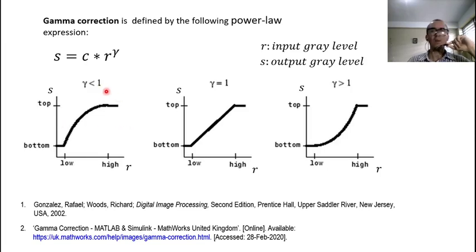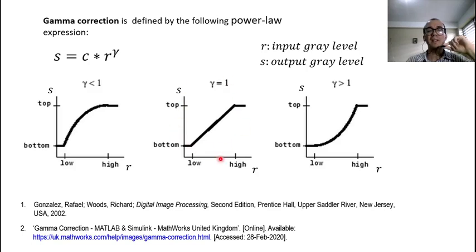So it is a kind of expansion of values. This curve is useful when we want to enhance dark areas of an image, and in the MATLAB example we are going to see a practical example of this case.